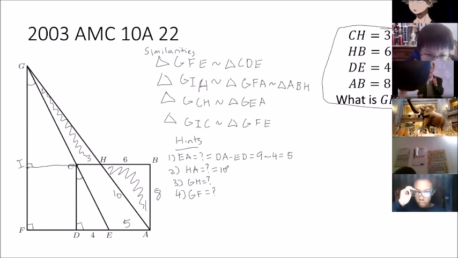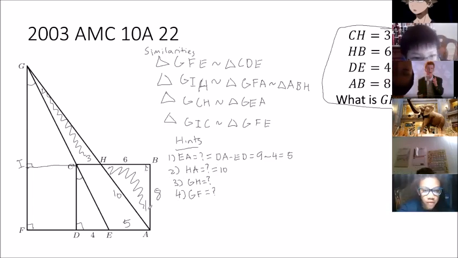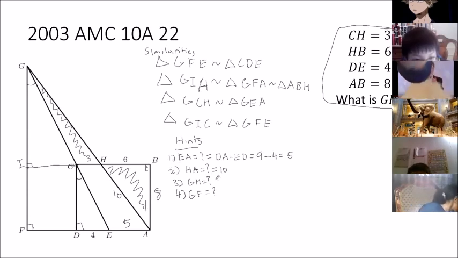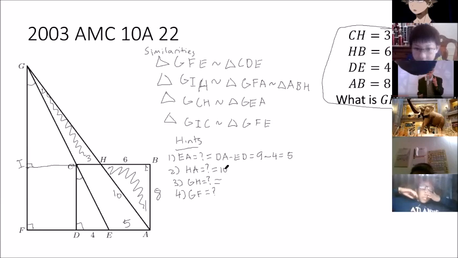Again, this is the 3, 4, 5 triangle, just scaled up by 2. Whenever you see 6 and 8 in a right triangle, the length is 10. Boom. Okay, so now our third step is the first kind of tricky step, a combination step is what you can call it. You have to use both hint 1 and 2 to find out what GH is. How are we going to find GH?